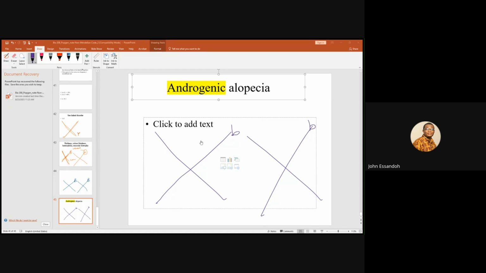With sex-linked bald women, the hairline goes backward. This is different from people with a big forehead. This one, naturally, you can see that the hair goes backward.